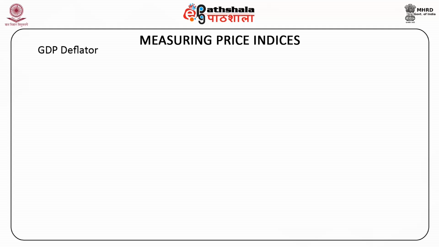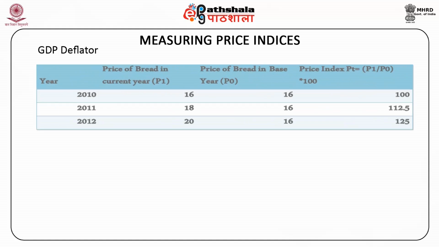Let us now understand how the GDP deflator is computed with the help of an example. This table gives an example of the price of bread in the years 2010 to 2012. Suppose we have to compute the price index in each year using the base year prices of 2010.